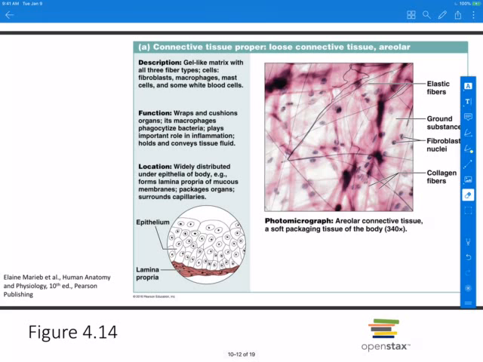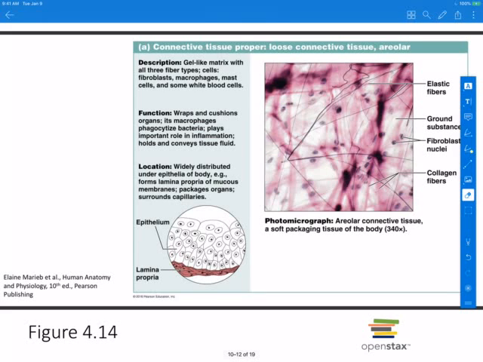Well, the connective tissue component of epithelial membranes, such as mucous membranes, serous membranes, and the cutaneous membrane, is lamina propria. So lamina propria is the name that we give that areolar connective tissue that supports the epithelium. And you can see that right here.